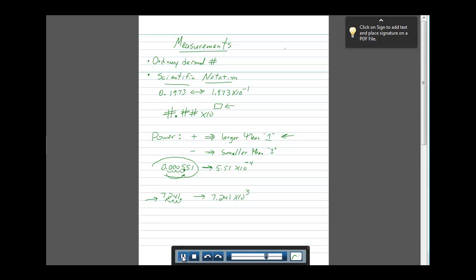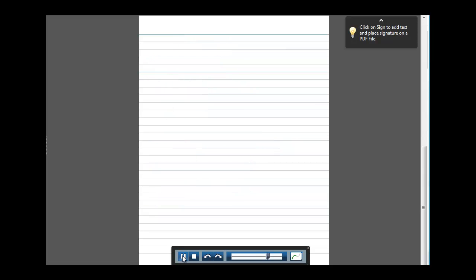Now going in the opposite direction, if we have a number in scientific notation and we want to express it outright as a decimal, for example 9.951 times 10 to the third power, and we want to express that.